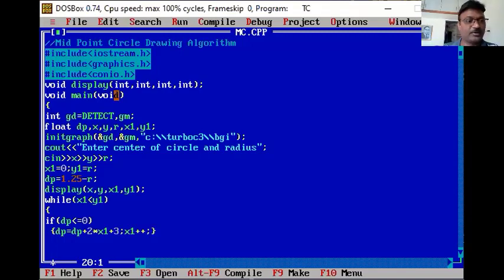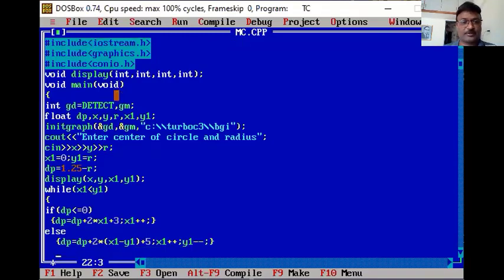Else, suppose this condition is false, then go to the else. In else, dp is equal to dp plus 2 star, x1 minus y1, plus 5. So here you have to increment in the x direction, x1 plus plus, and decrement y1. That y1 you have to decrement and go to the x1 direction.